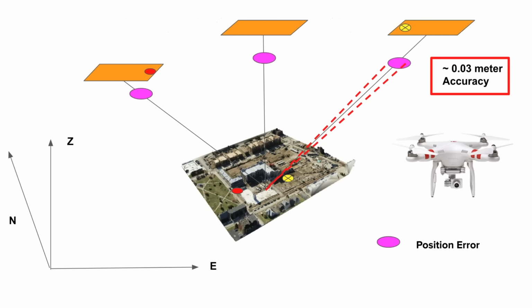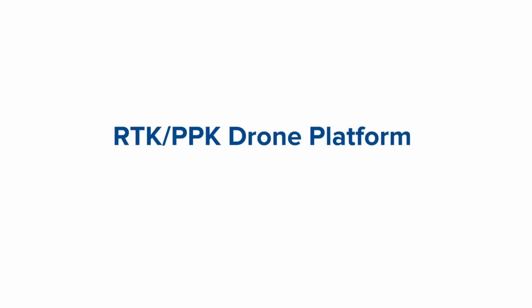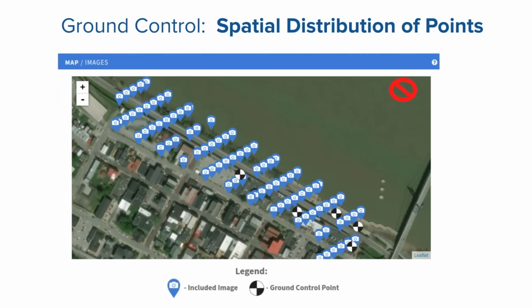So when the drone accuracy is this bad, the spatial distribution matters, because if there are not enough ground control points throughout the project, like for example on this northwest side of this project, the ground surface that we estimate is going to be floating.